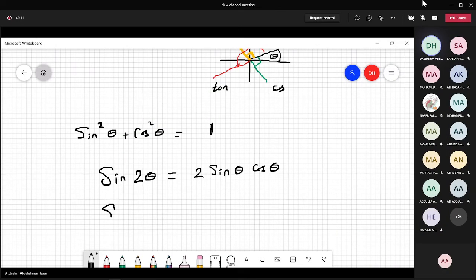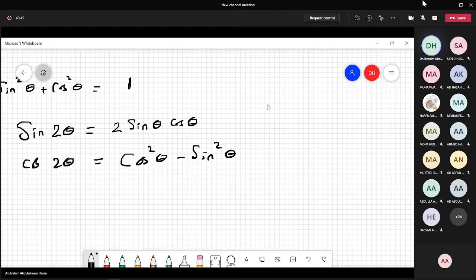Okay. What's about cosine 2 theta? تو كوساين ثيتا ساين ثيتا. لا. Cosine square minus sine square. Yes. Cosine square theta minus sine square theta.